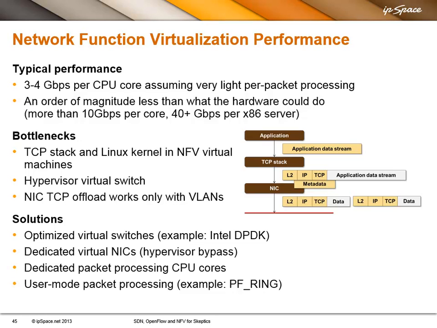Fortunately, there are people who know what they're doing. Intel even developed a data path development kit together with a small French company that allows you to very quickly optimize your packet forwarding paths and get way more than the initial performance at the beginning of this slide.